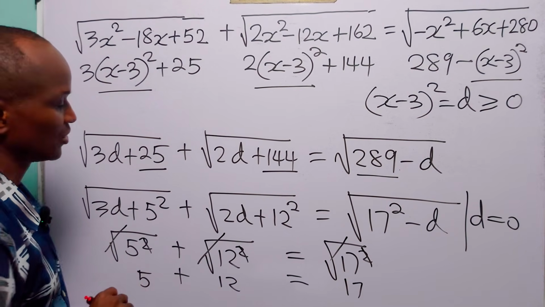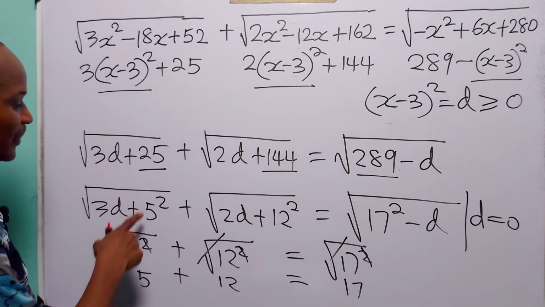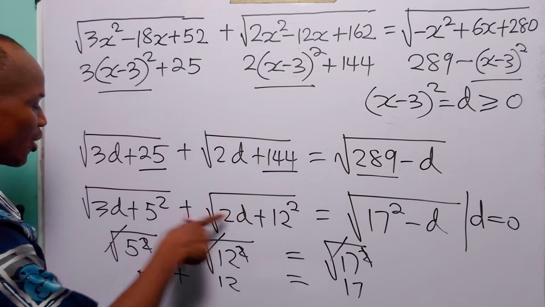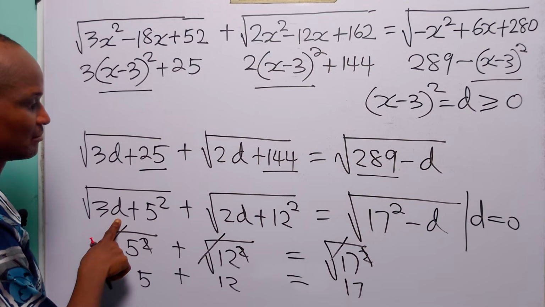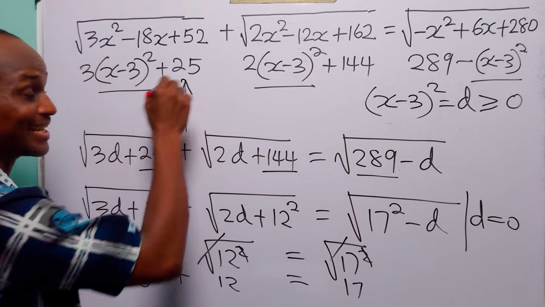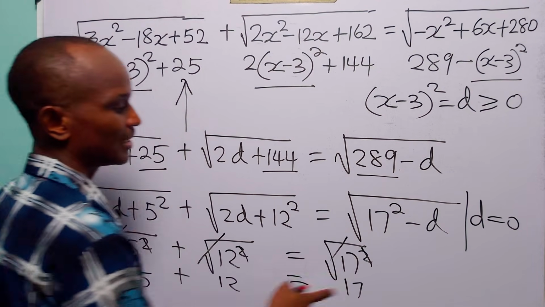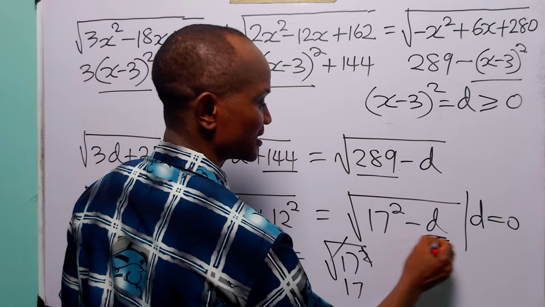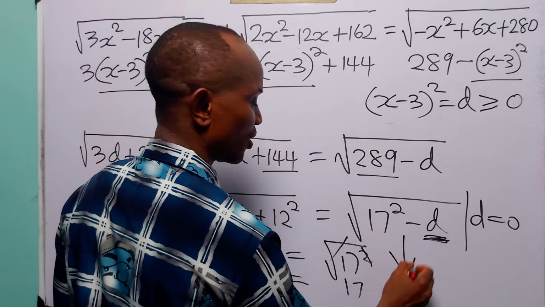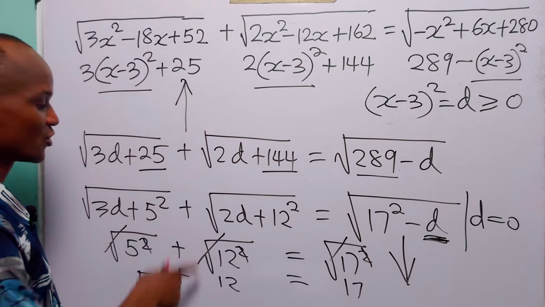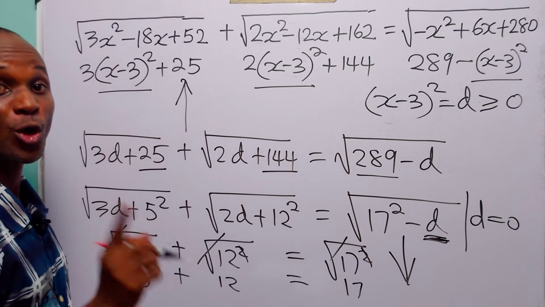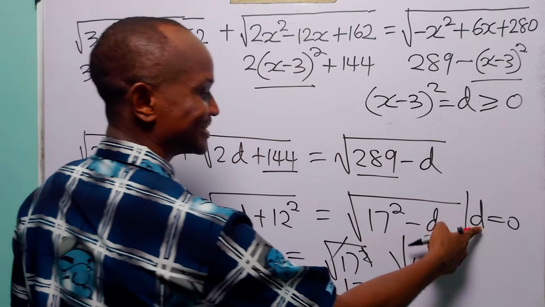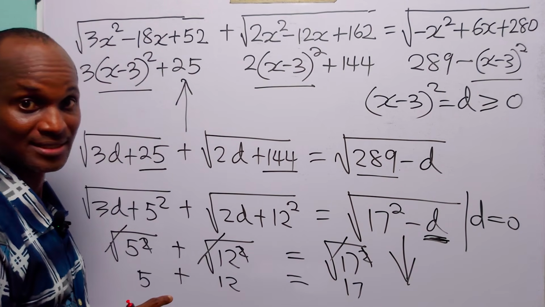Now, another thing you will notice is that the left-hand side of this equation for all positive values of d will keep on increasing, while the right-hand side for all positive values of d will keep on decreasing. So the left-hand side will only be equal to the right-hand side when d is equal to 0.